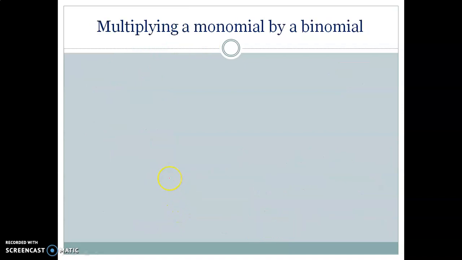So the next thing that we are going to see today is multiplying a monomial by a binomial. Shall we start now? The first example here is 2x, which is a monomial. Now I am going to have a binomial.